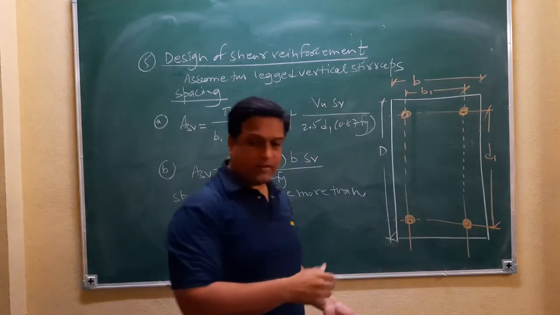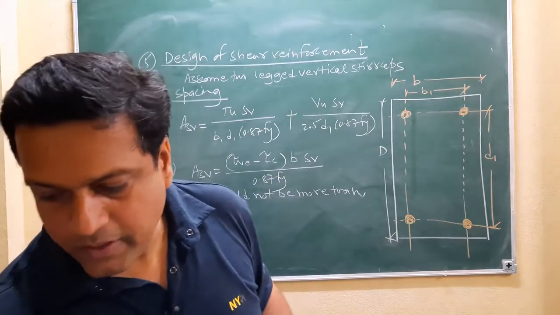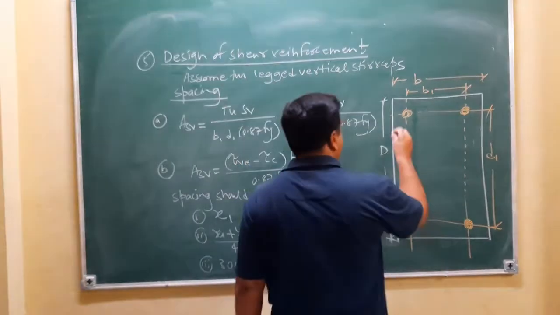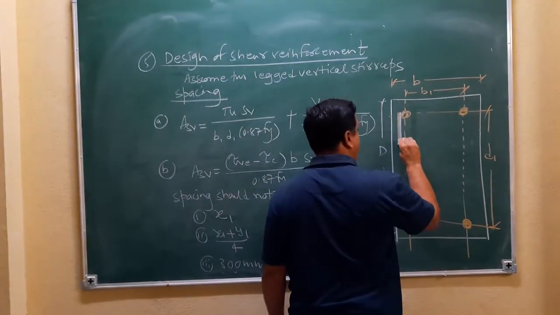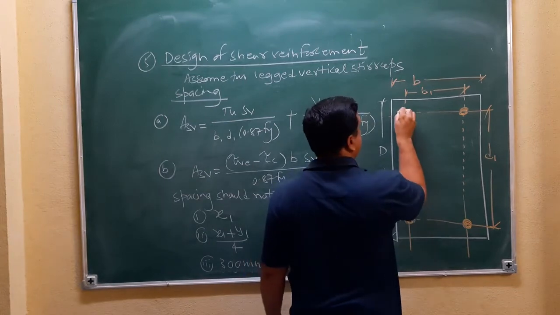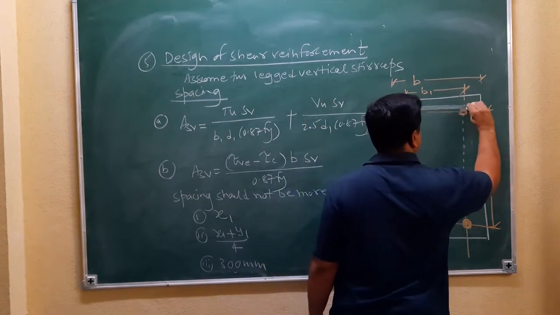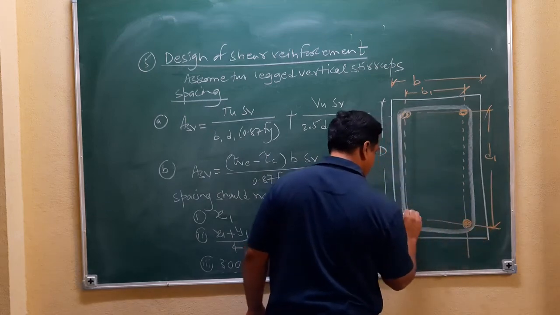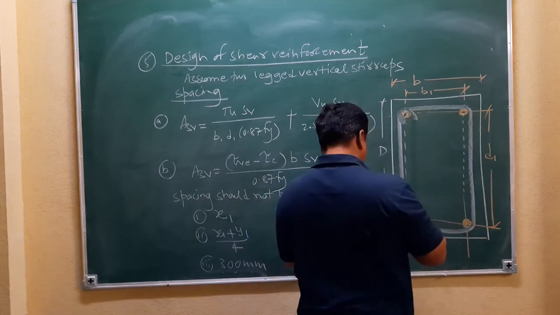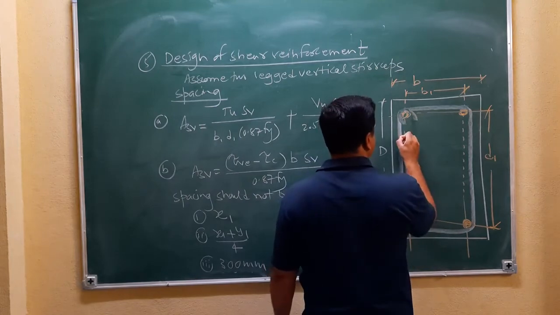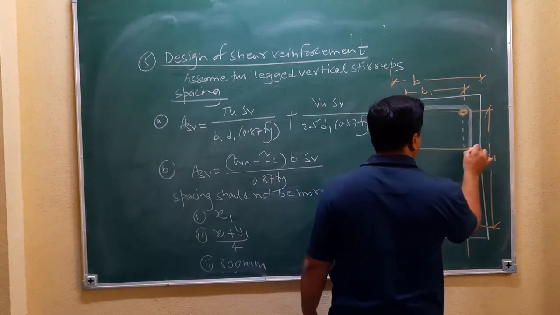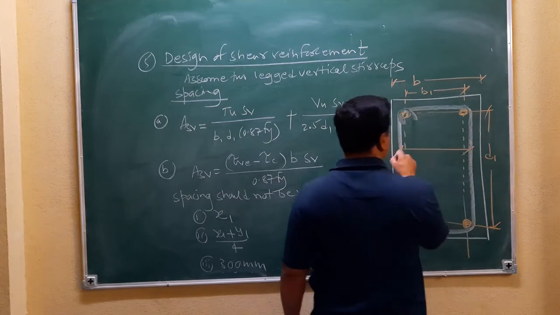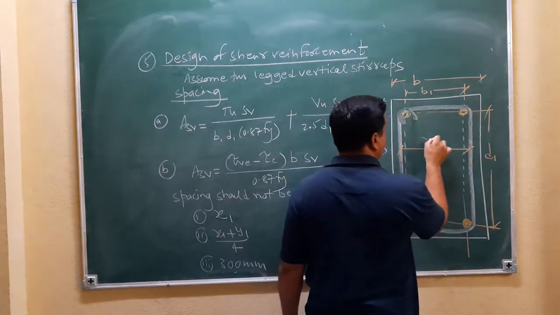And what is the x1 y1? When we are going to provide the stirrups like this, the center to center distance between these two stirrup legs is nothing but the x1.